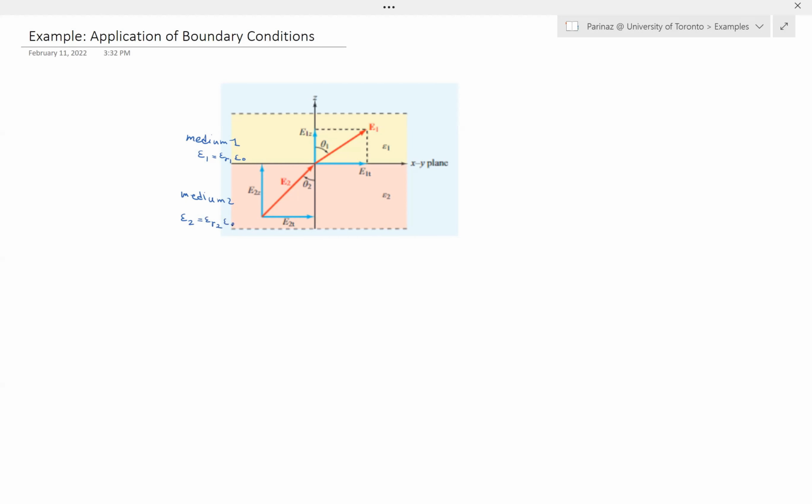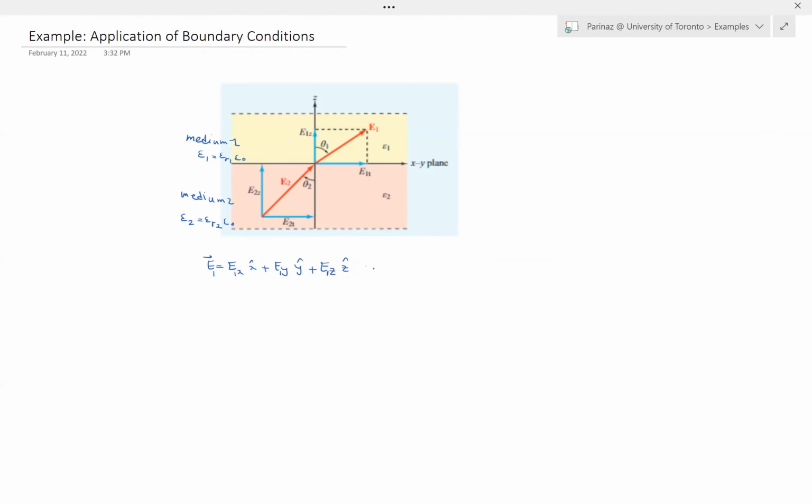What is asked of us is that the electric field in medium 1 is given in the general form of Ex x hat plus Ey y hat plus Ez z hat. This is the electric field in medium 1, so let's call these all 1 here.